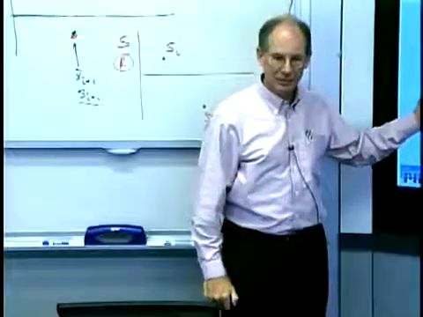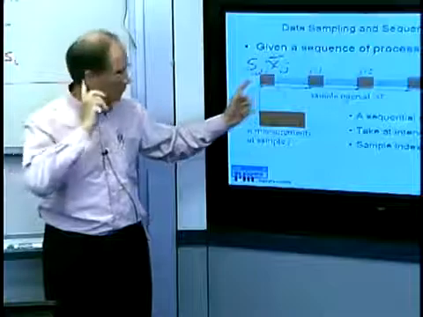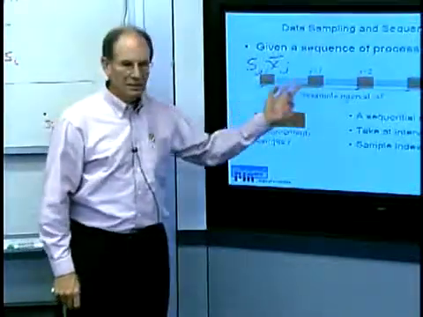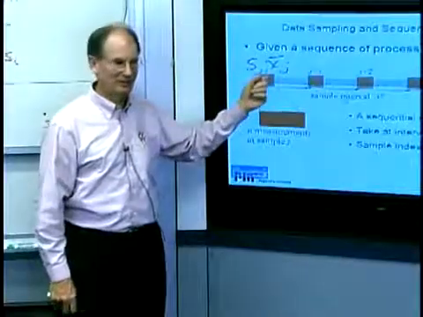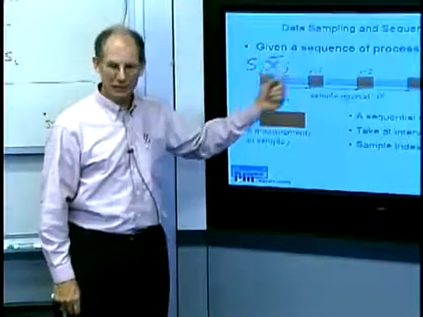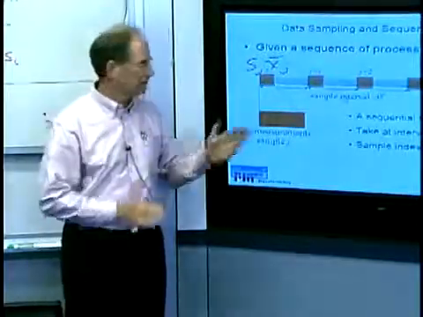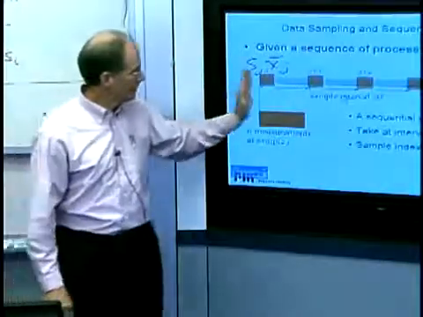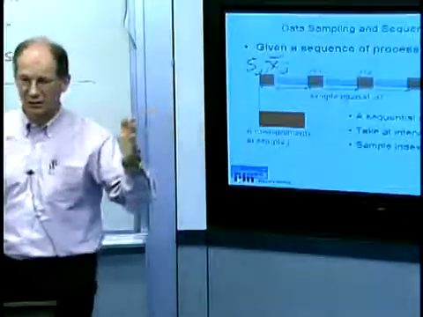But that's basically it. And we'll talk about this a little bit more theoretically later. If something happens here that has some memory, some history to it, which causes correlation from one instant to the next, you're violating the assumption of independent random behavior. If you make this interval large enough, there's something called a correlation time.